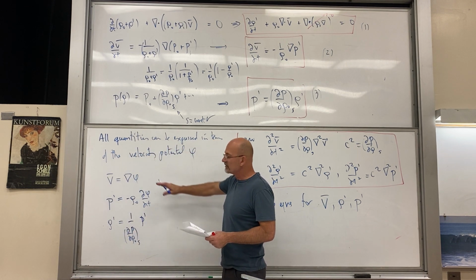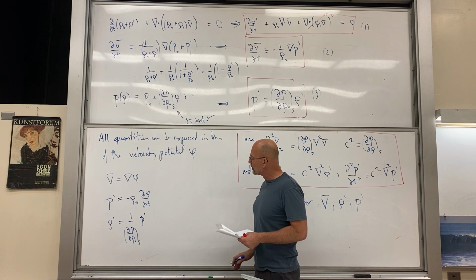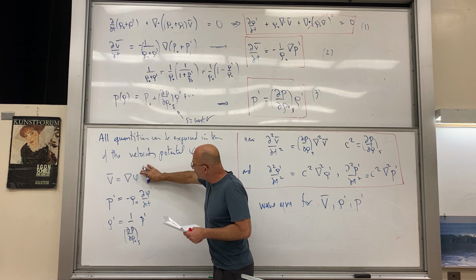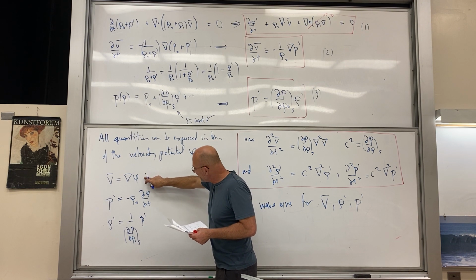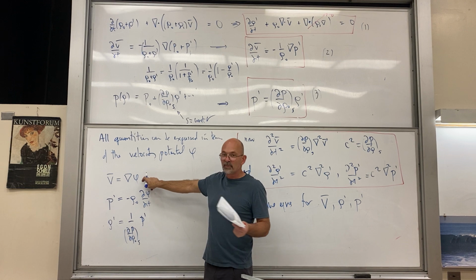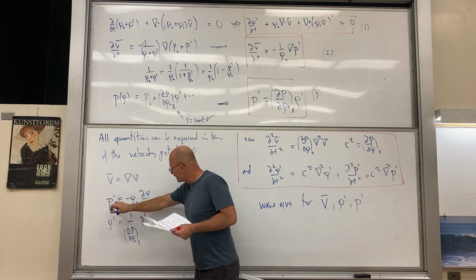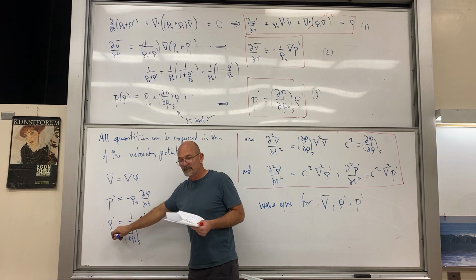Okay. So all of these satisfy the wave equation, and therefore, if you solve the wave equation for phi under the appropriate conditions, then you can get v, you can get p prime, you can get rho prime.